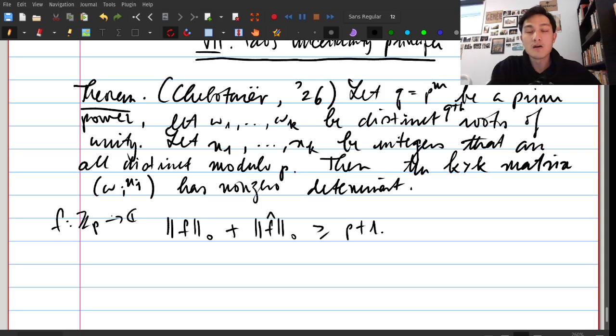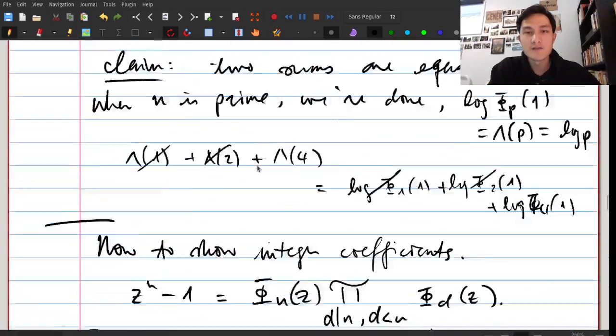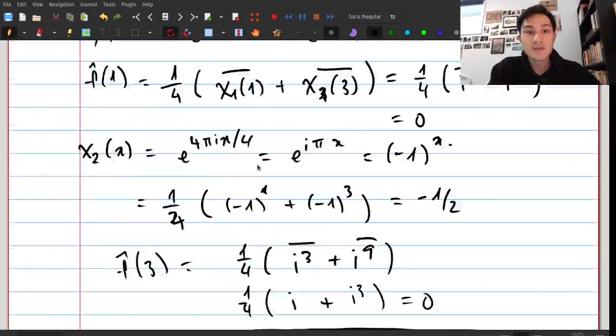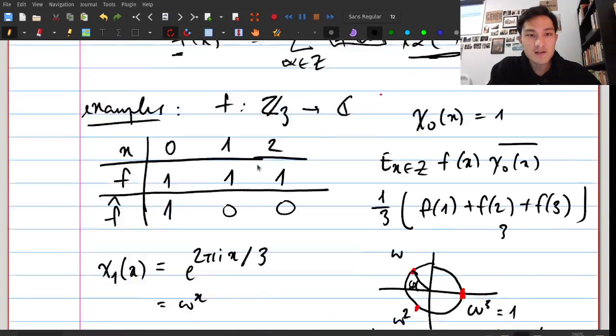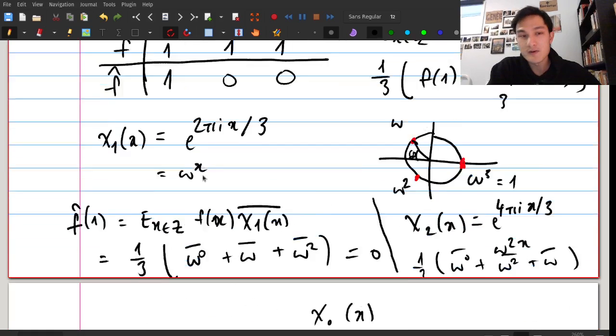Recall in our very first video, we did some examples. Let's go very, very far back. We did some examples a really long time ago of a function. Here, 3 is prime, so here we have 1, 2, 3, 4, and that's p plus 1, right?